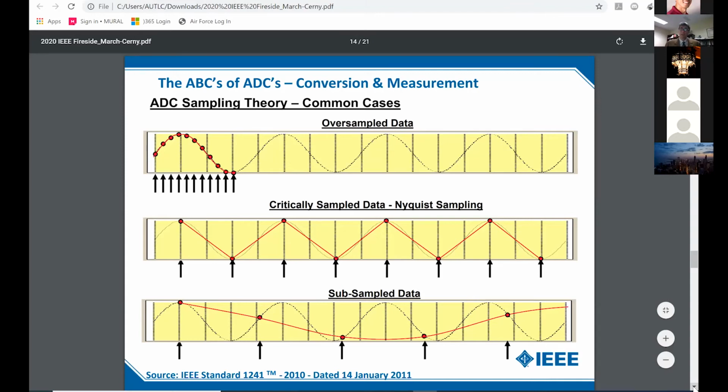You can get a very good representation of your analog signal in the middle, because you can see that the lines are timed correctly with their samples of the red dots to provide a triangle representation of the analog wave.